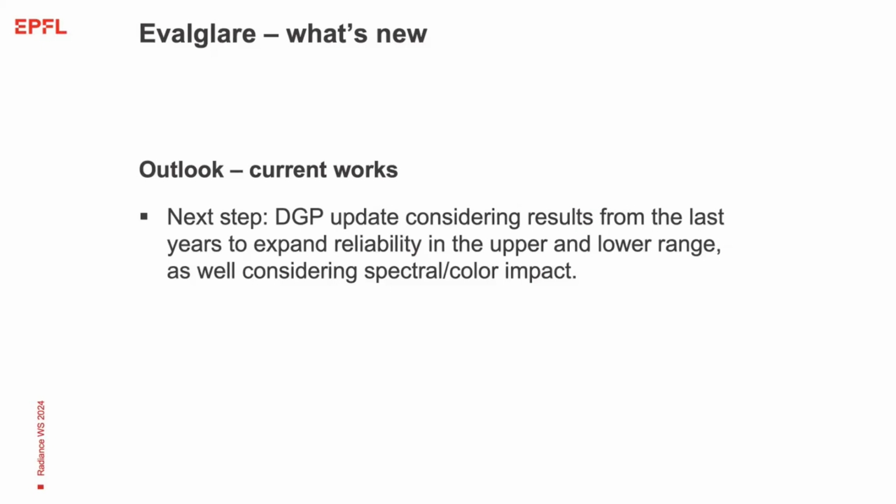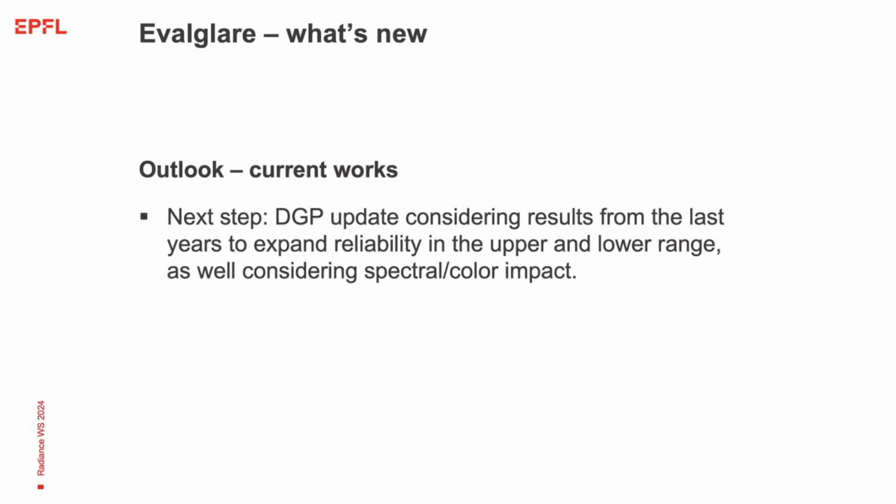So we will include this also in an update in DGP when we have solved the other topic, also with the glare source, of course, to expand the reliability, especially in the lower and the higher range of DGP, and also to consider the spectral impact that Snea is presenting. Okay, that's it in terms of update on Evalglare.